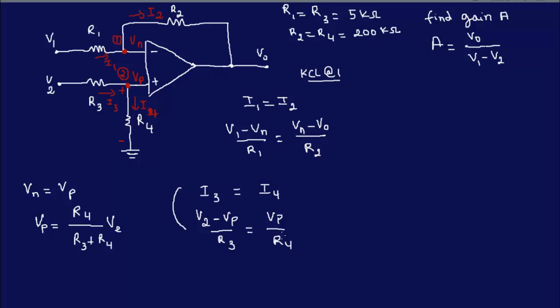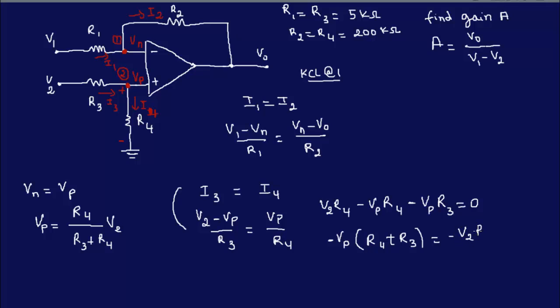So now to get VP, we have V2 R4 minus VP R4 minus VP R3 equals 0. So minus VP times R4 plus R3 is equal to minus V2 R4, and therefore VP is V2 R4 over R4 plus R3.